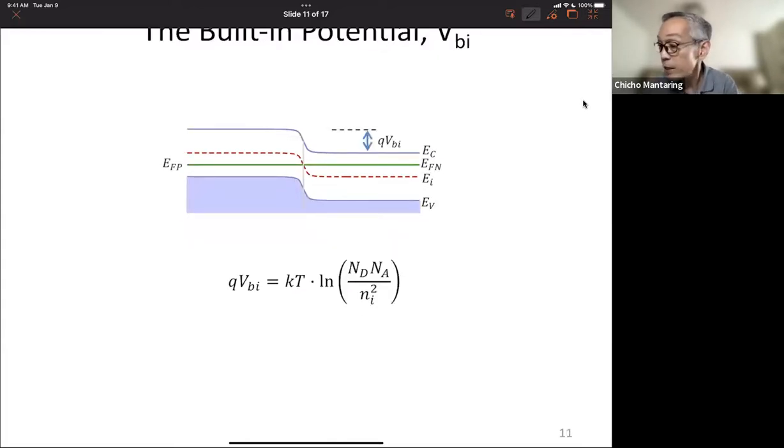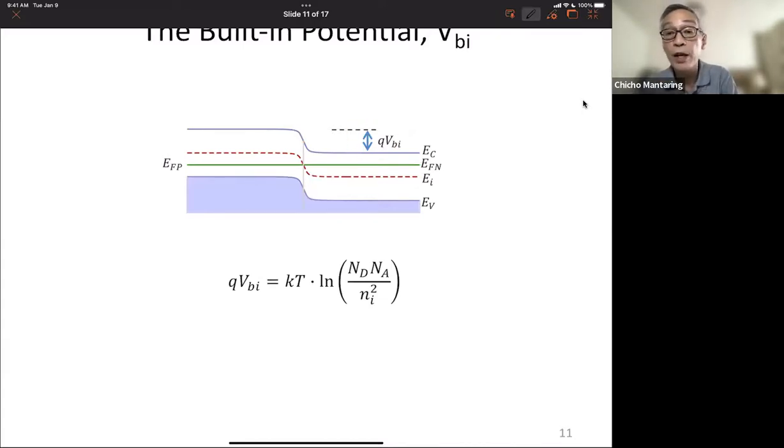The difference in potential: there's a formula that has been derived for the difference in potential between E sub C on the right and E sub C on the left. That will also be the difference between E sub V on the right and E sub V on the left. First of all, this is an energy.